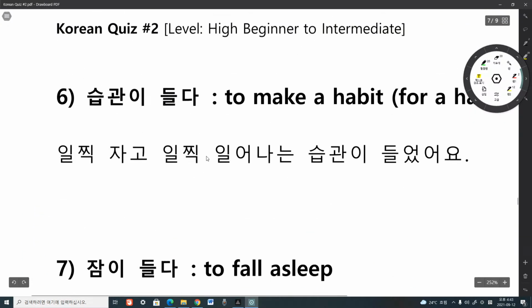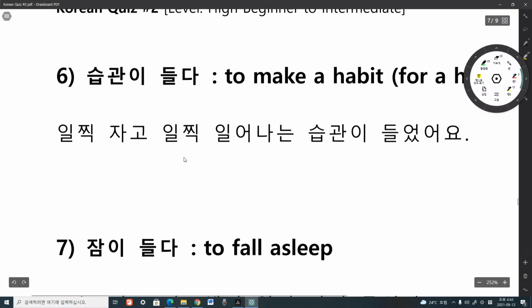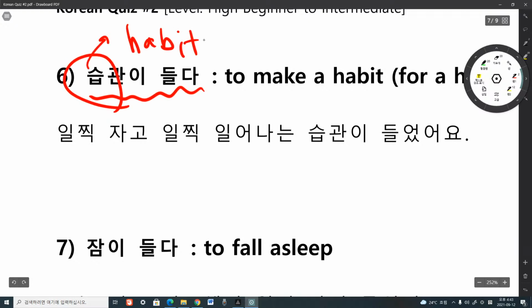그 다음에 습관이, there are only 2 more expressions that are brought for 들다. 습관이 들다. 여러분 습관이 habit이란 뜻이에요. It means habit and it could be good habit or it could be bad habit. So I want to stress that 습관 is not necessarily limited to bad habits.